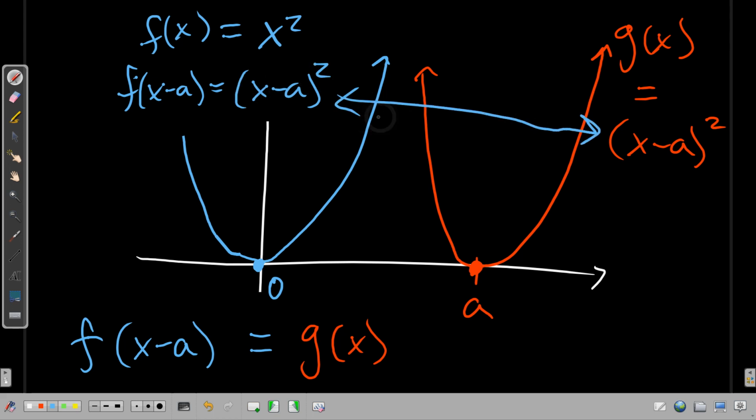And then now they're identical. So we have moved f of x. It is transformed into g of x by inputting f of x minus a instead of just f of x.